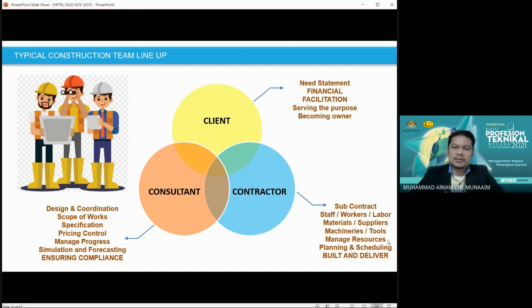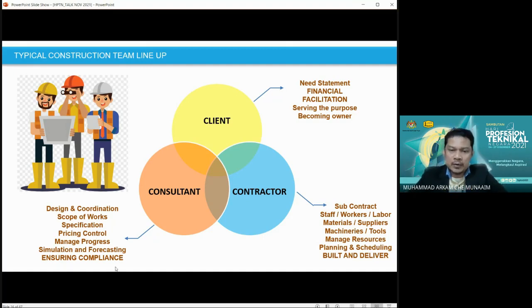So meaning to say that the contractor will definitely manage these 4 M's minimum: material, money, manpower, and machineries, so that the project will be conducted as planned, controlled by the consultant from the other side through the tracking system. But the contractor needs to ensure the project will be delivered according to the contract, as well as the timeline.